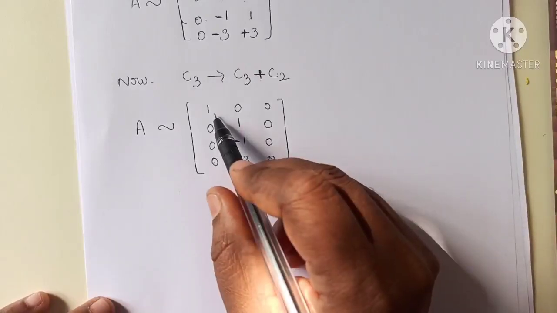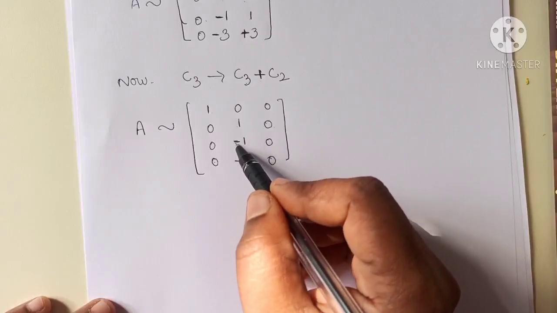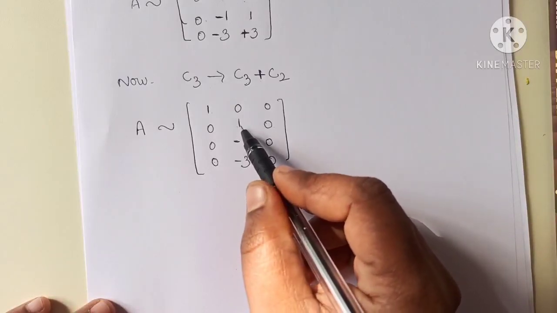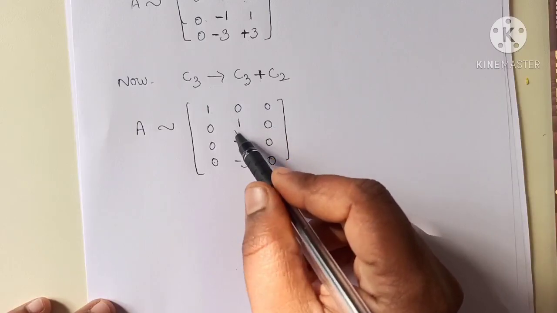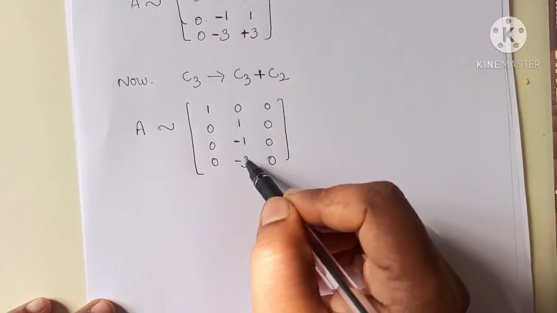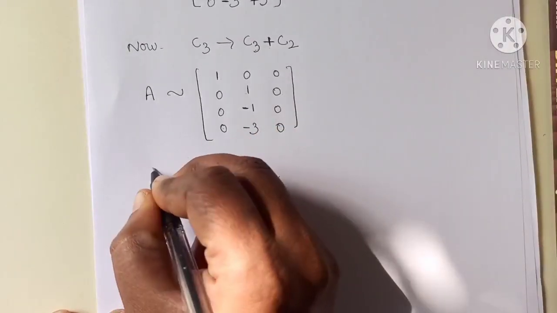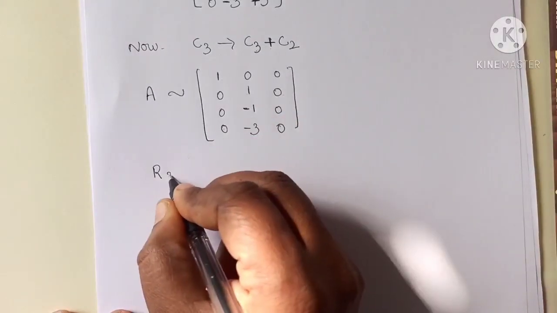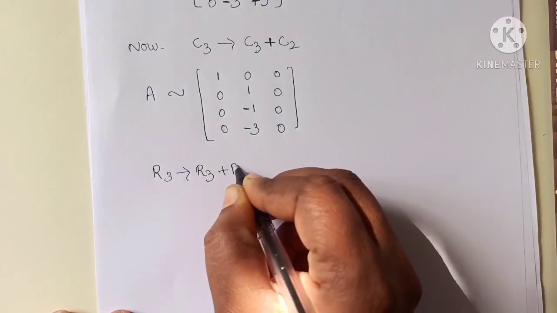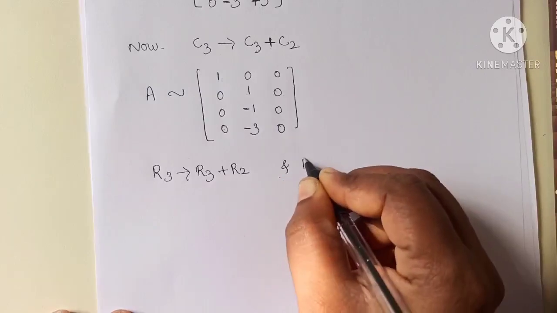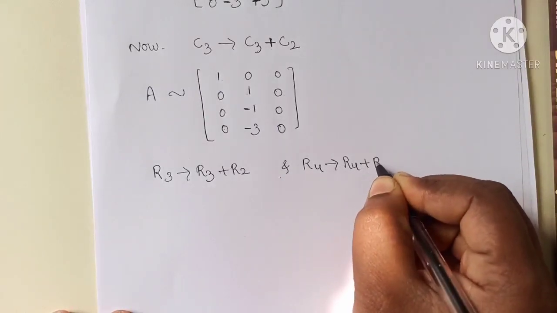Now you can observe that it is 1, 0, 0, 0, 1, 0. Here we should get 0, 0. That is, the leading element of the second row is 1. Below this element we have to make 0. For that we apply the row operation: R3 equals R3 plus R2 and R4 equals R4 plus R2.